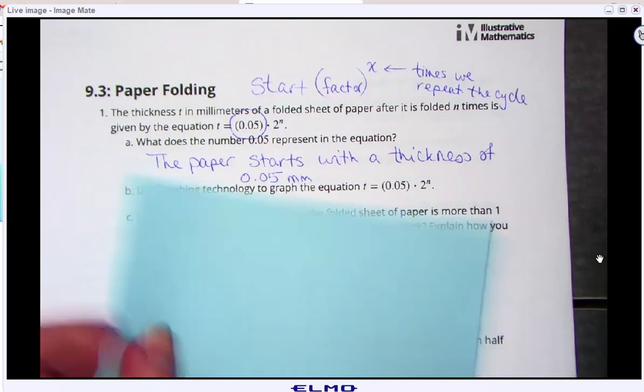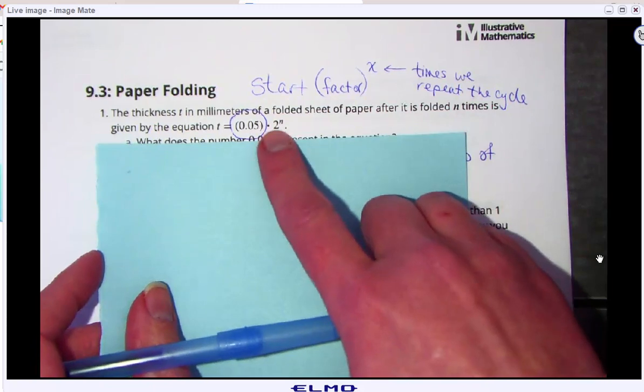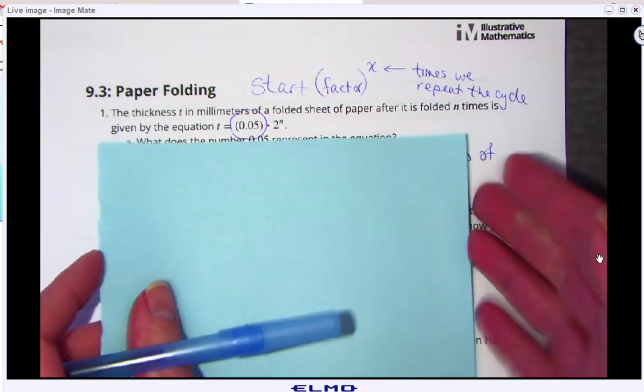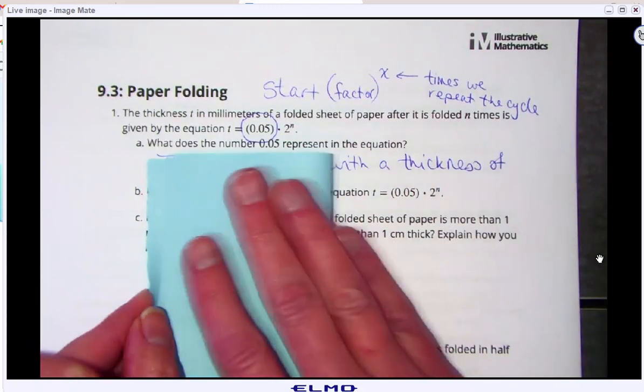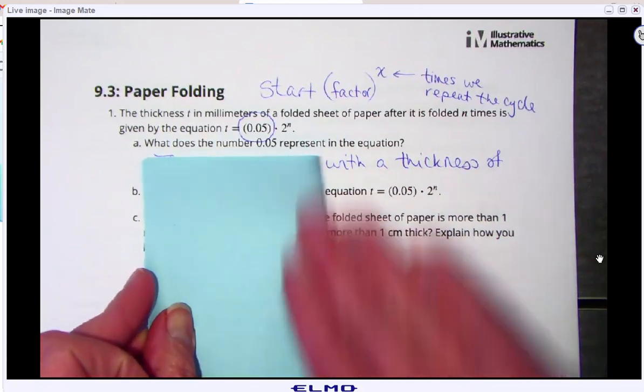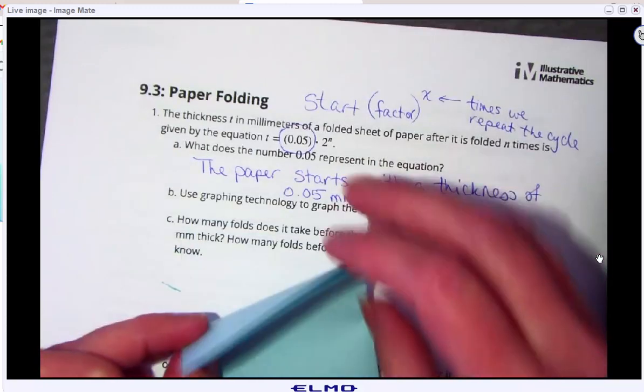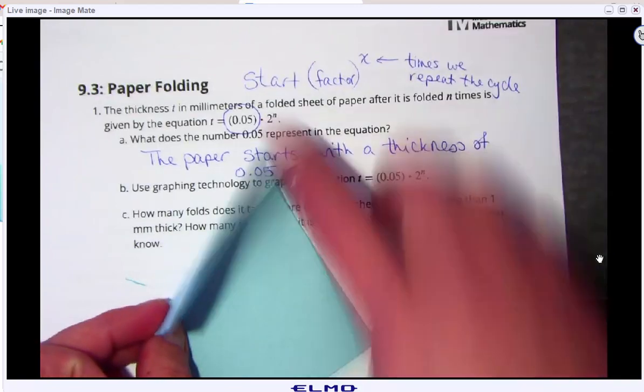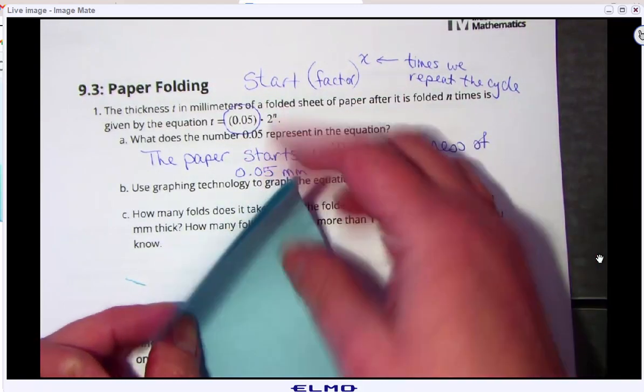And this starts to make sense that we're going to be multiplying it by 2 every time you fold it. Because if I fold it one time, that thickness now doubles, right? It's 2 layers of paper that are each 0.05 millimeters thick.